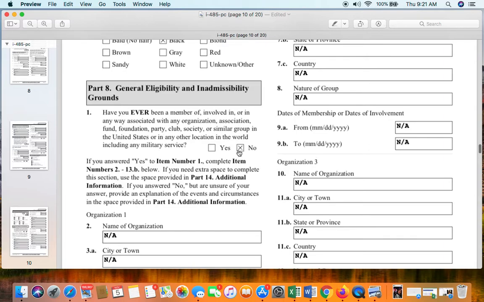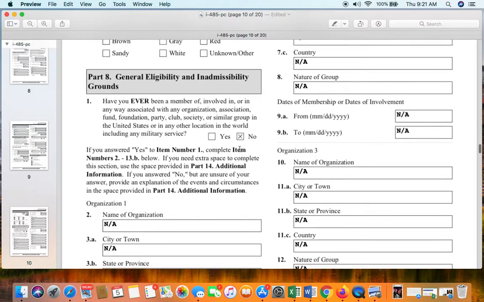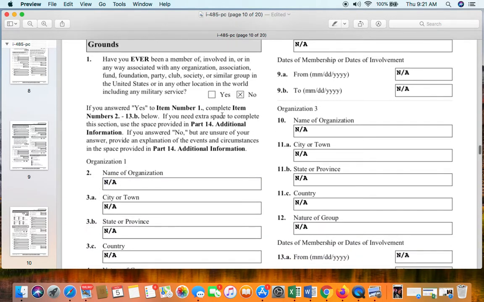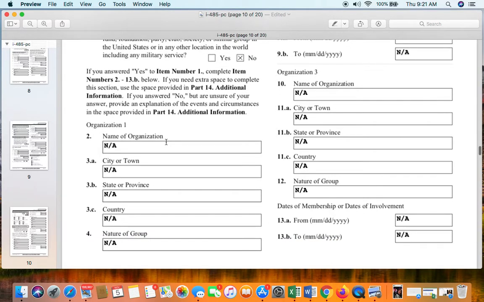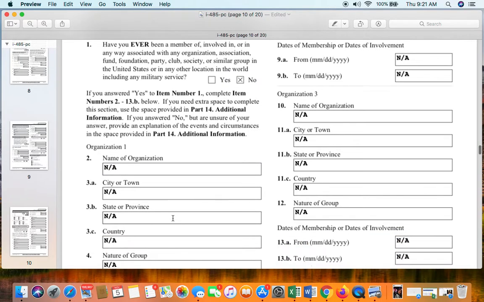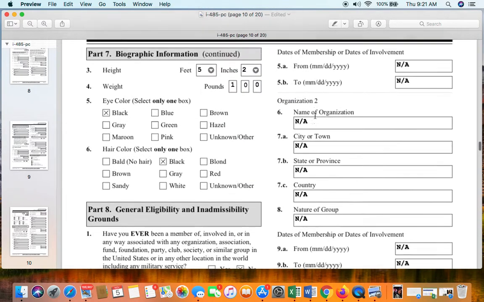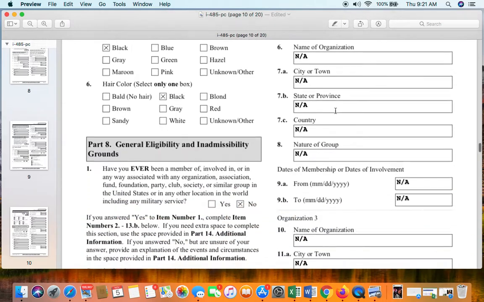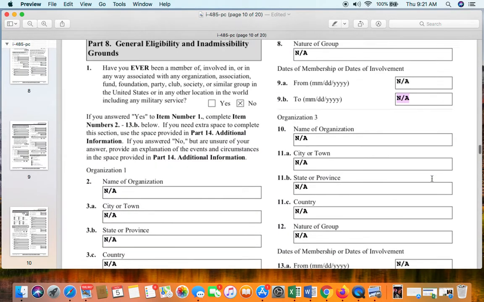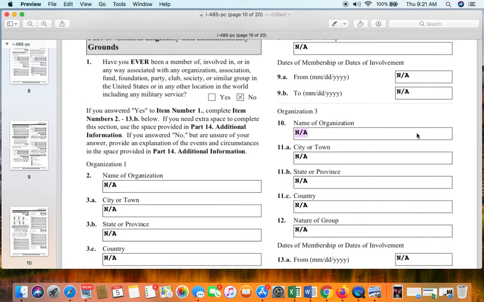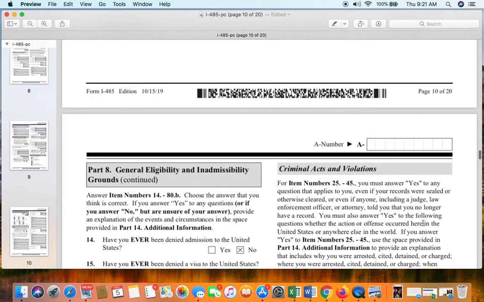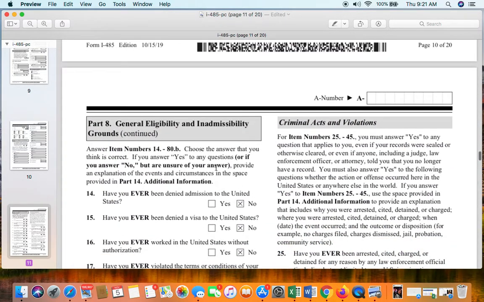This is not applicable for my derivative applicant, so I'm just going to put no. If you answered yes, this is not applicable for our derivative applicant or K2, so just leave it NA. Membership, NA. Everything NA right here.